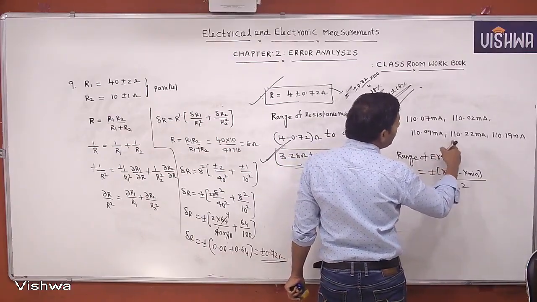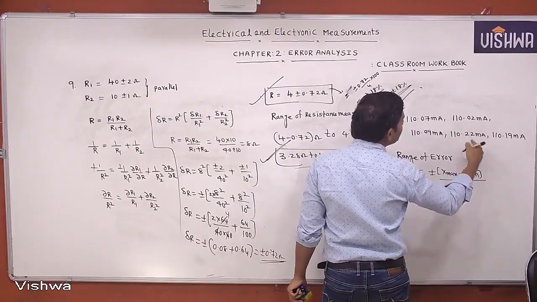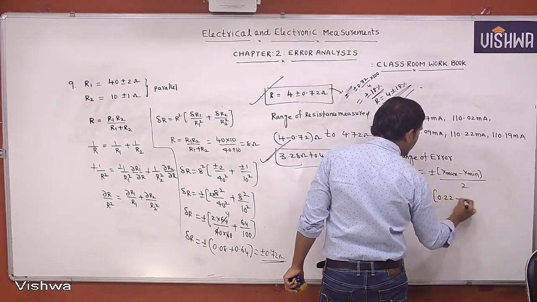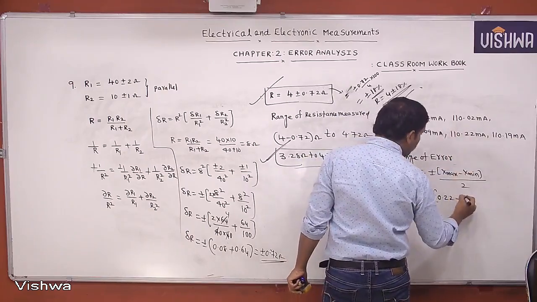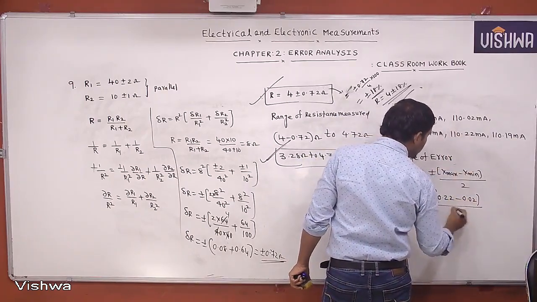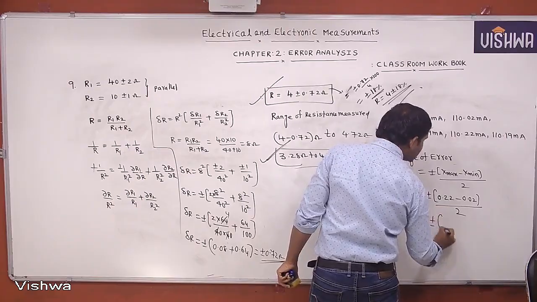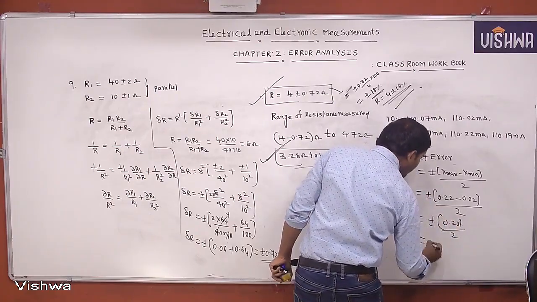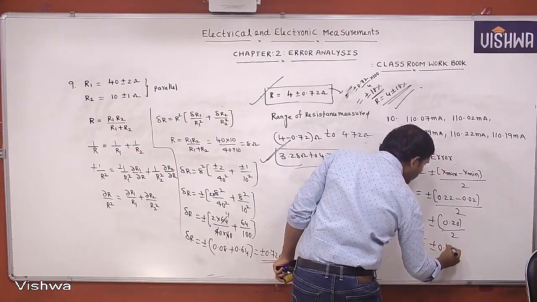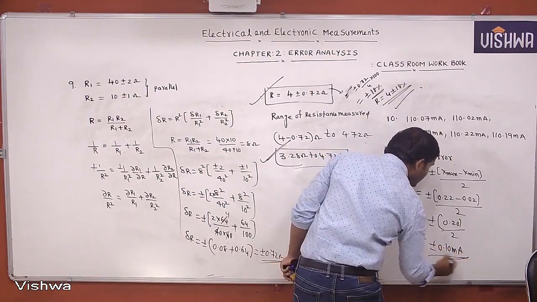Maximum is 110.22. This is 0.22 minus, what is the minimum value, you tell me? This is 0.02, by 2. Then what can you get? Plus or minus 0.20 by 2. Then you get plus or minus 0.10 milliamperes. This is the range of error.